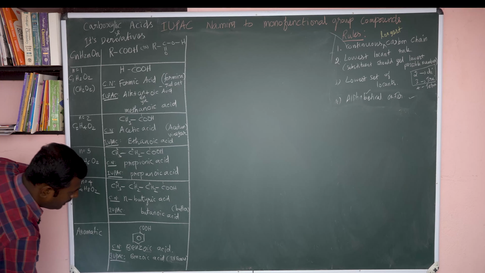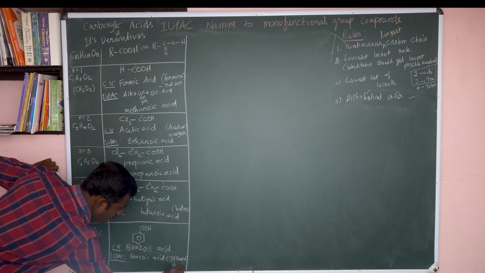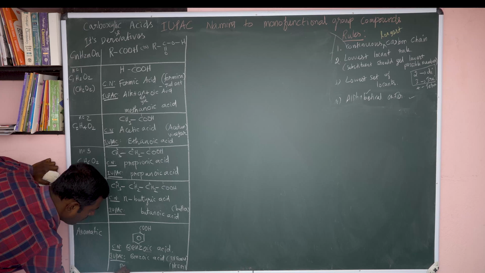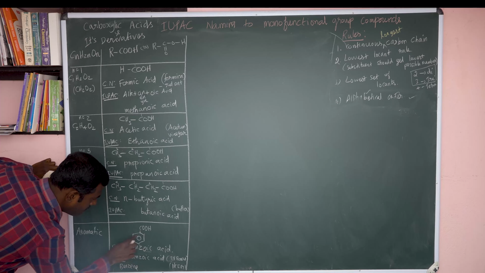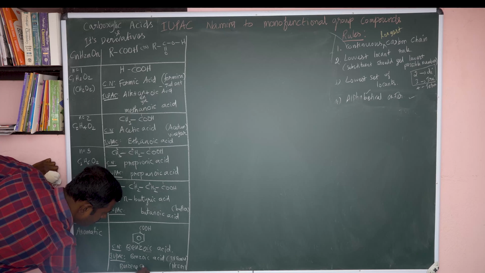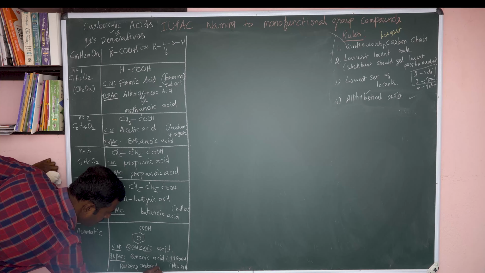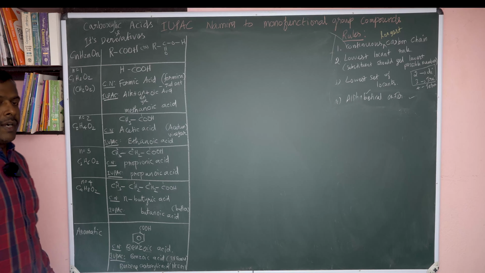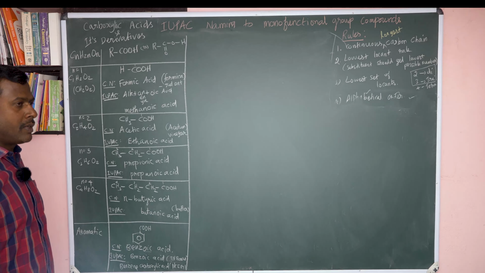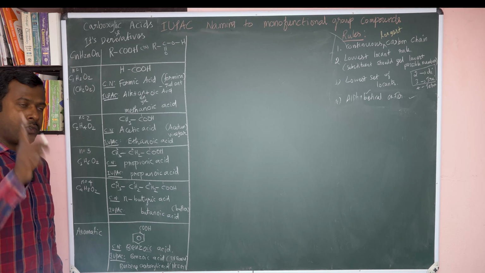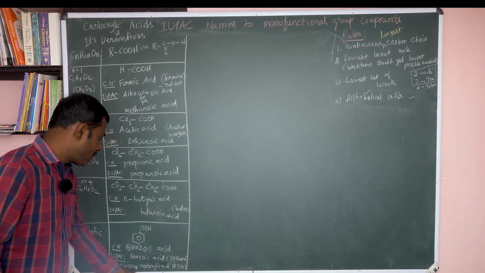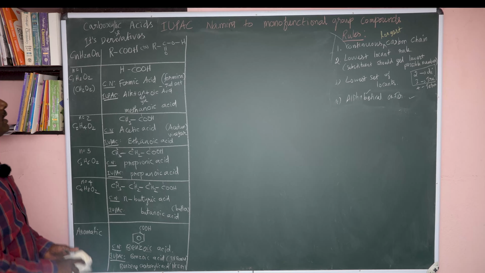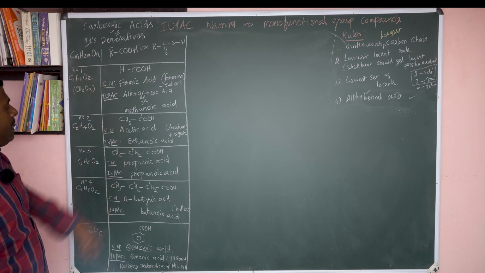But in the NCERT book, the name is benzene carboxylic acid, that is benzene with 1 carbon acid, so carboxylic acid. So accordingly you have to follow. If you are a state board student, follow what has been given in your state board book. But in NCERT, benzene carboxylic acid is given, so you follow that. Generally the acid names will be like this only.